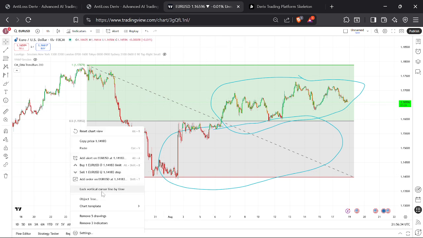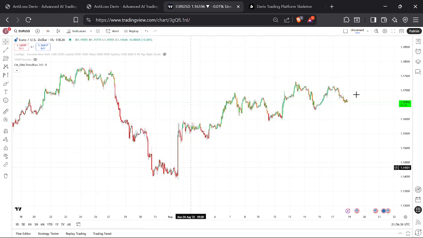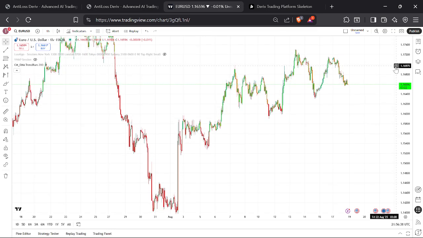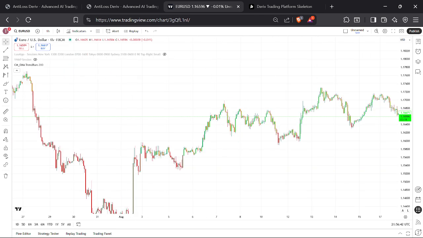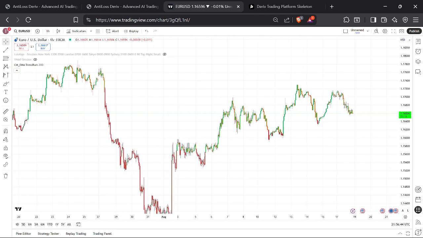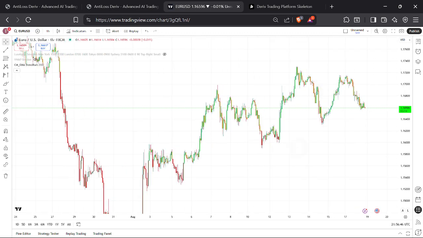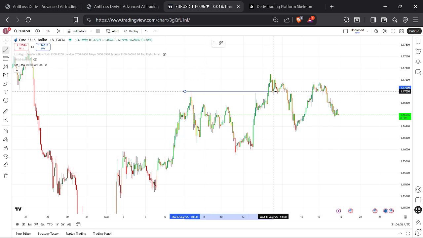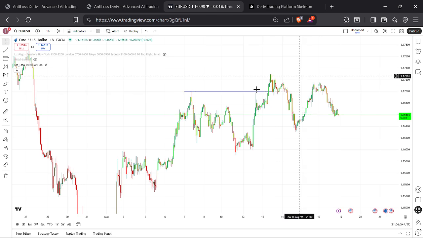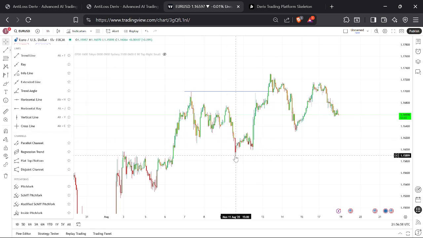Okay, so I'll delete these drawings and then I'll zoom the image closely, and I can see that this market was forming strong higher lows, sorry. You can see strong higher lows and weak lower lows.